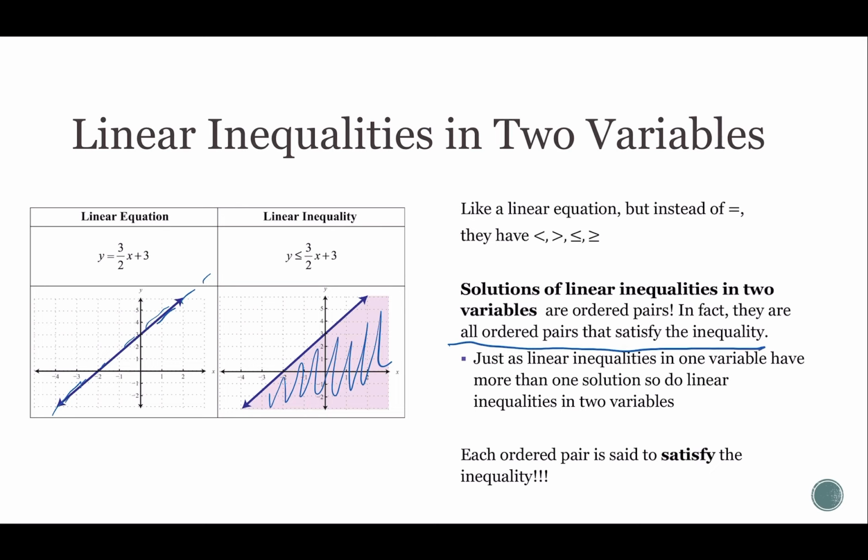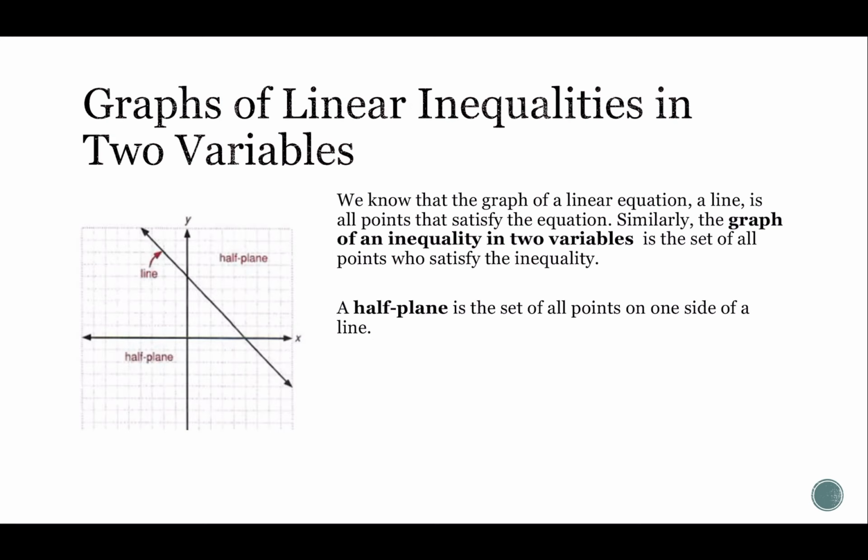Instead of a linear equation, I have an inequality where half of the whole plane is my oyster. When we graph a linear equation, it divides my entire plane in half. We call each half the half plane, and you're going to have to shade one of those when working with inequalities.